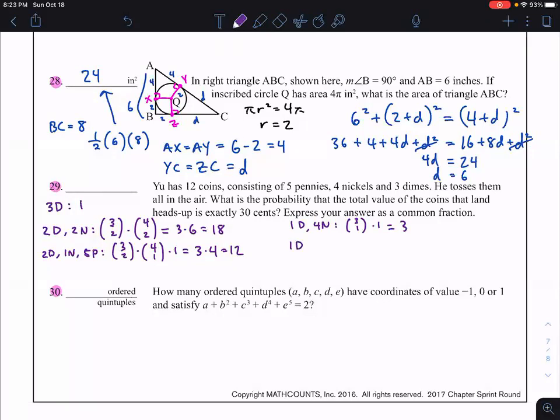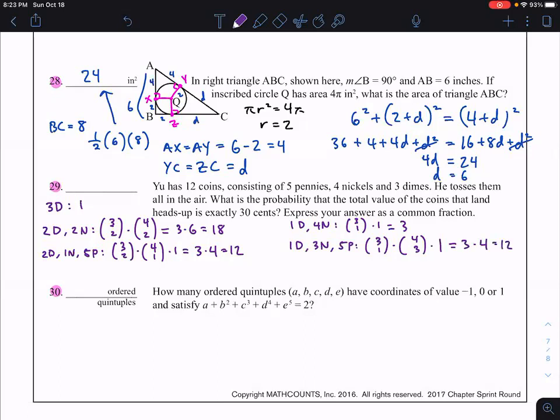For our last and final case, 1 dime is a head, 3 nickels are heads, and 5 pennies are heads. Once again, you choose which dime is a head, multiply it by which 3 nickels are heads, and then there are only 5 total pennies, so that's just 1. This is equal to 3 times 4, or 12.